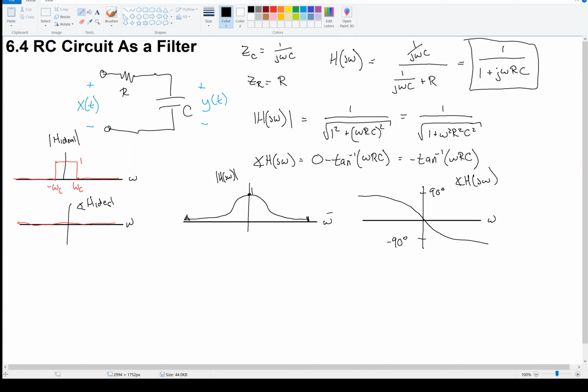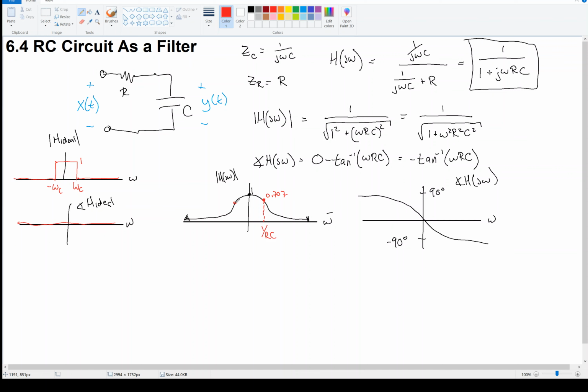Okay, now there's a very special value in electronics, and that's when the gain is 0.707. So it turns out that when you put in omega equal to 1 over RC, you get 0.707 there.